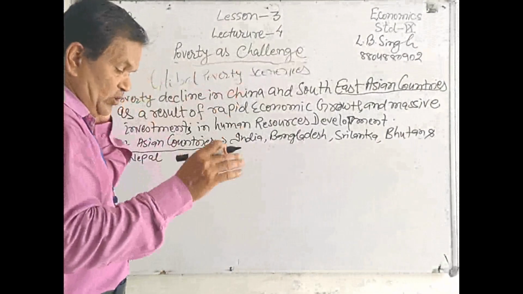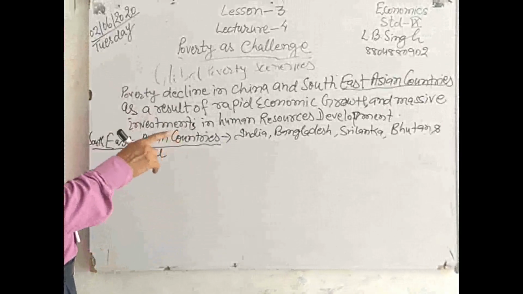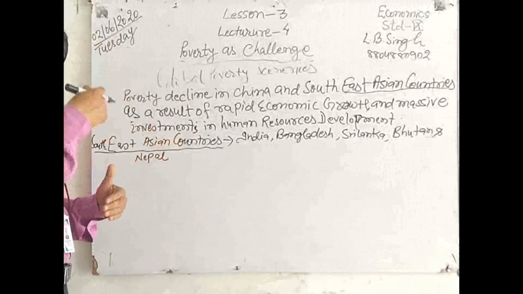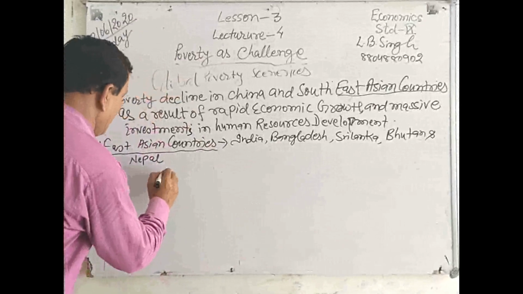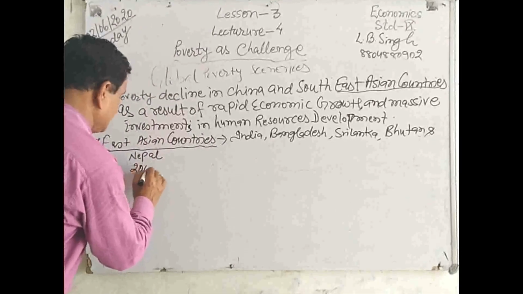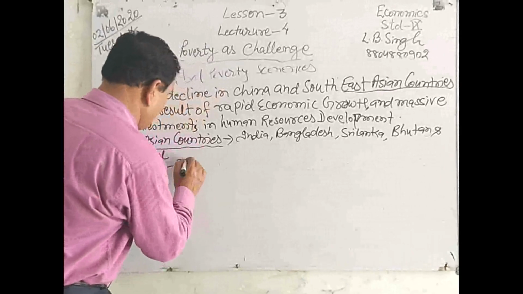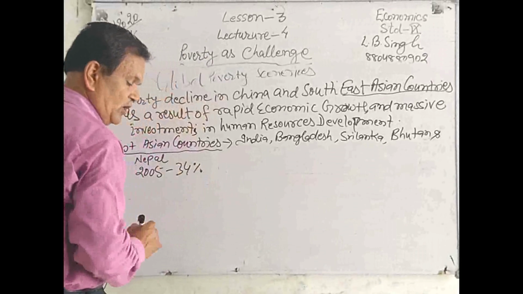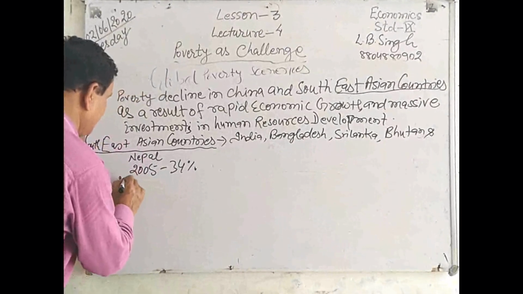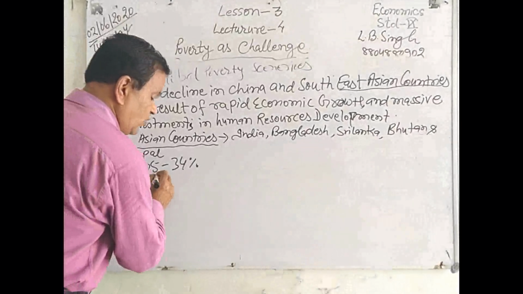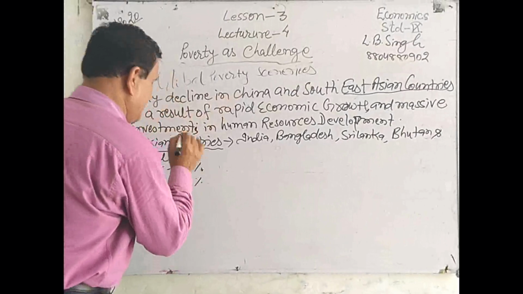Now I am going to give you some data which will show that there is a decreasing order of poverty in the countries. Now according to 2005, there were 34% poor people, and in 2013 only 16.2% people were poor.